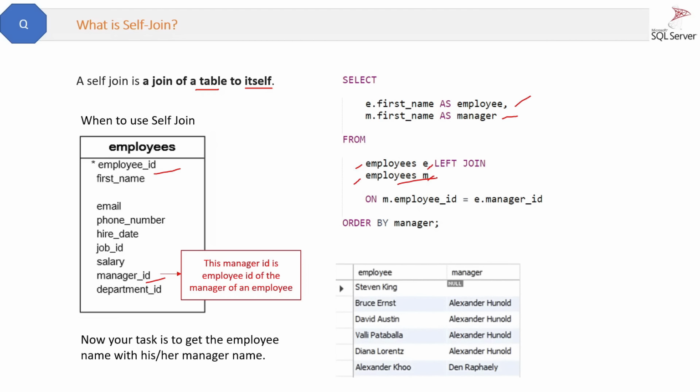And the result will be like this: employee name and the manager name, because we have applied this employee ID equal to manager ID. So that is the example of the self join. So see, here we were able to get the result from the same table with the help of the self join.